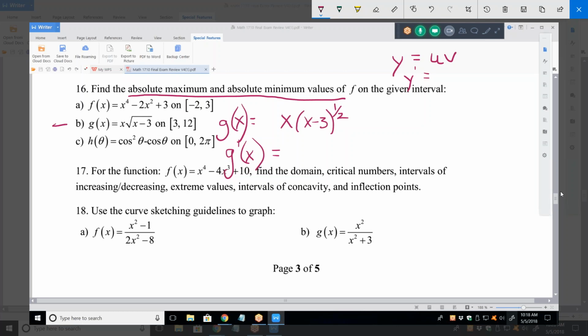I know you can do it in either order, but the easiest way to never make a mistake is to always start with the first function, u, and then take v prime, and then add the reverse. Means it's got to be u prime v. Oh, yeah. What you did was you took the derivative of both of them.